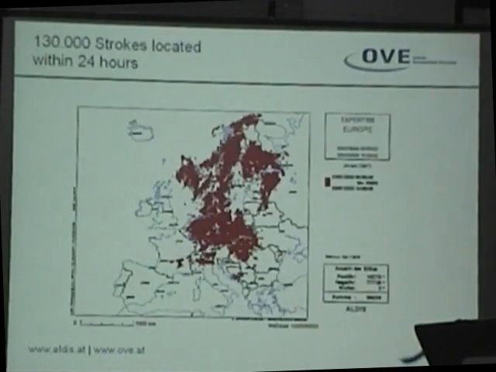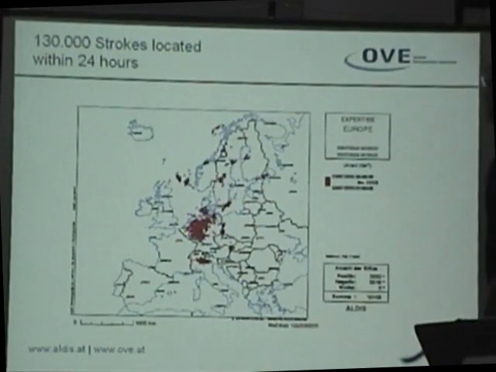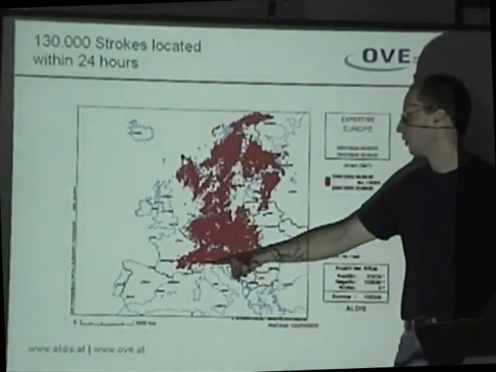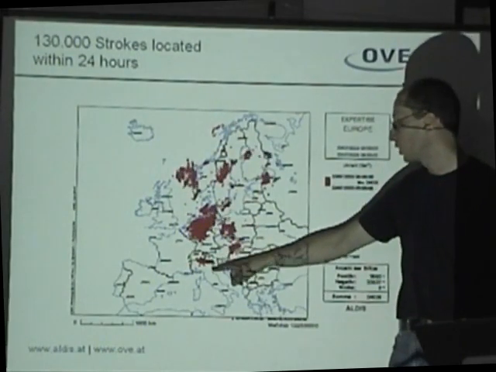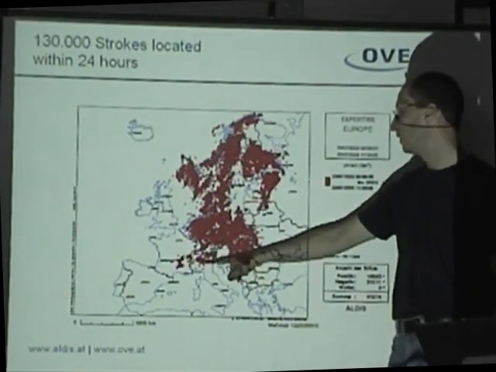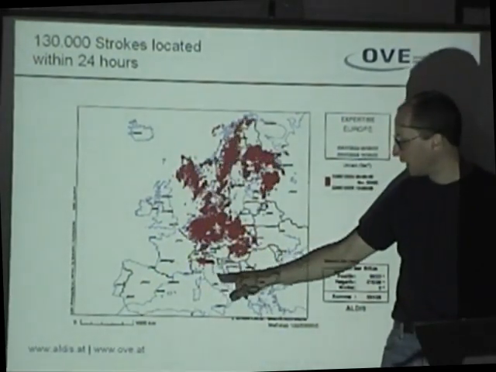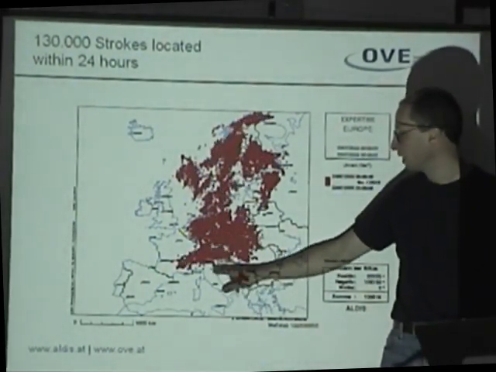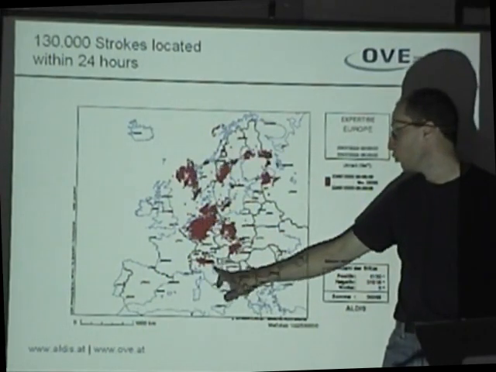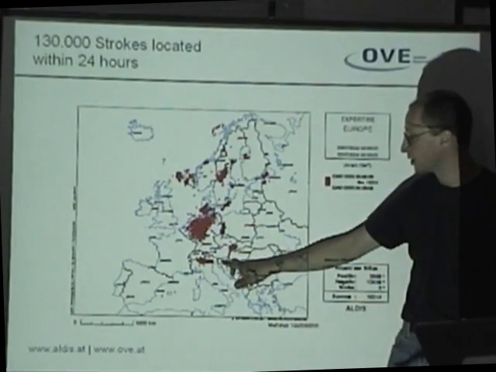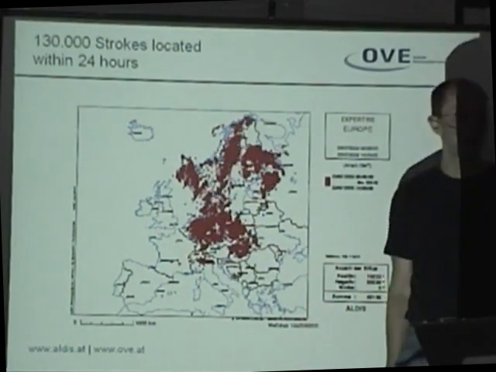But the highest flash density is in this region in Europe, close to us, close to Austria, south of Austria, really at the border between Italy and Slovenia. The reason is that a lot of humid air from the Mediterranean Sea, the Adriatic, is moving to the north and is discharged here in the mountains in Slovenia.